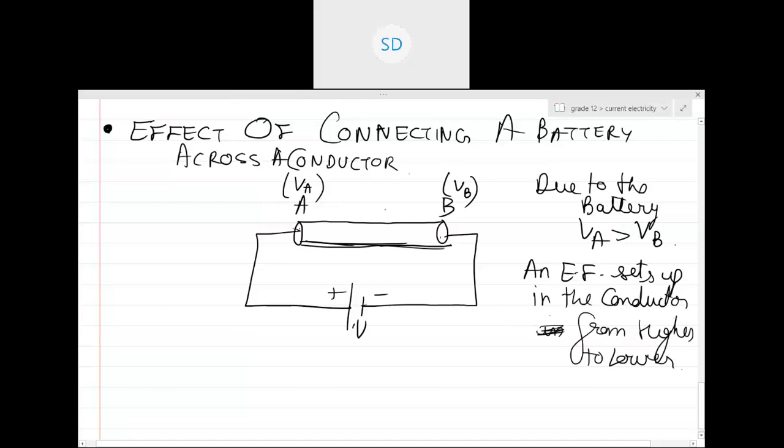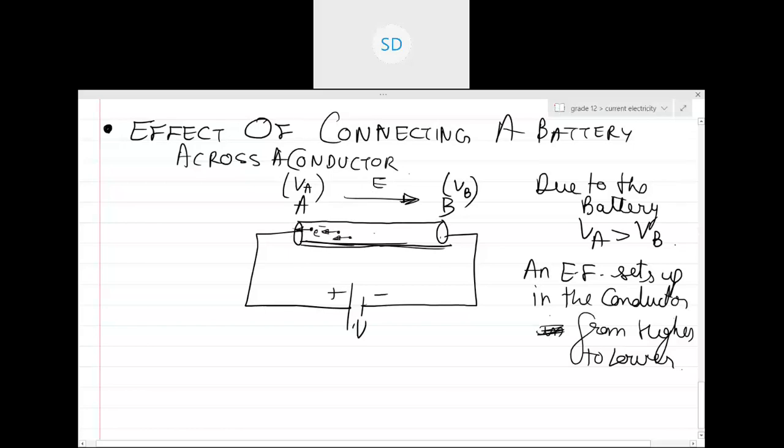Due to this electric field, what will happen? The free electrons inside, can you see these free electrons? Let me draw the electric field direction. Now due to this electric field, all the electrons will start moving in which direction?